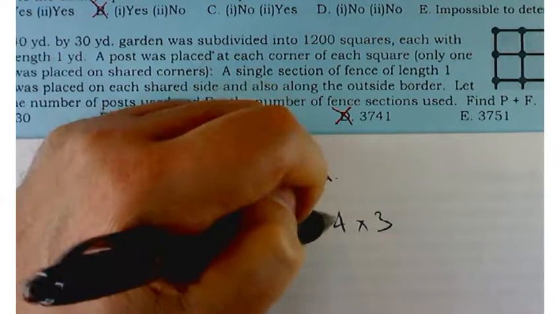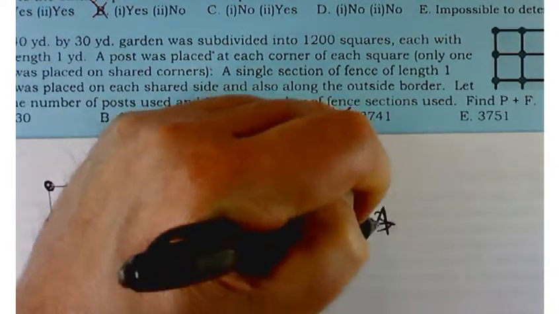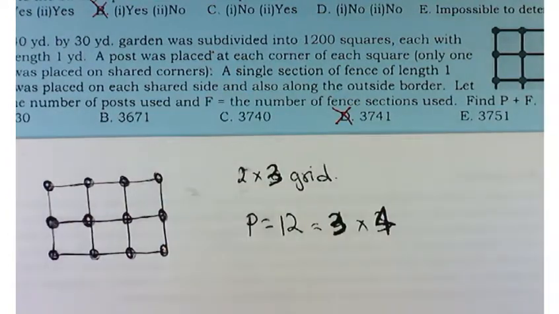Let me say 3 times 4 instead of 4 times 3. And what do we notice already? Look at the size of the grid, and look at the number of posts.